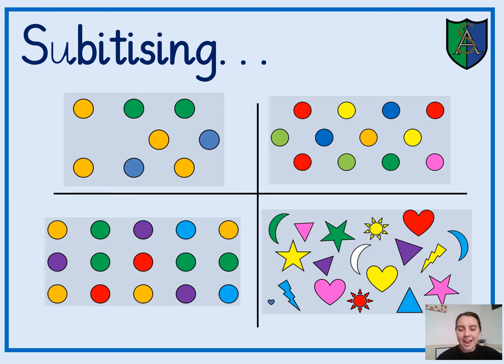So now it's time to review. If we look at the first picture, we will see that there were 2 green dots. So if you said 2, you would be correct. In the second picture, we were asking you to look for the red dots. If you said 3, then you'd be correct. The third picture, we were again asking you to look for the green dots.